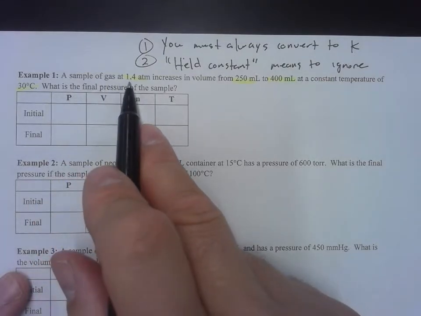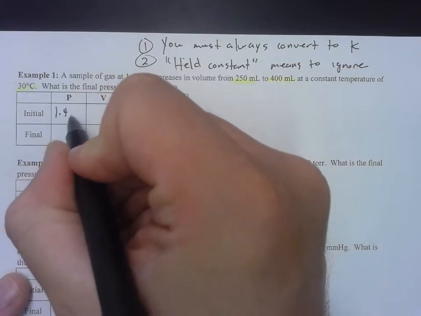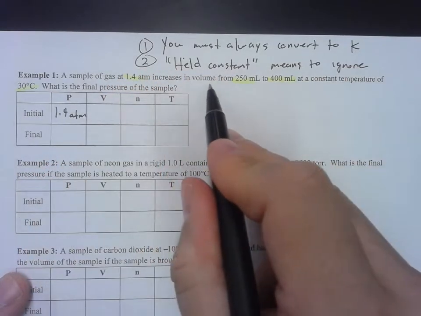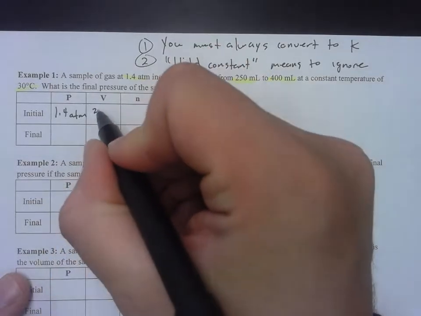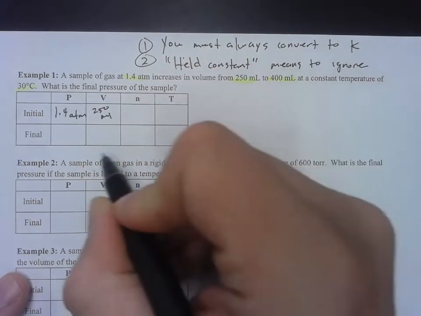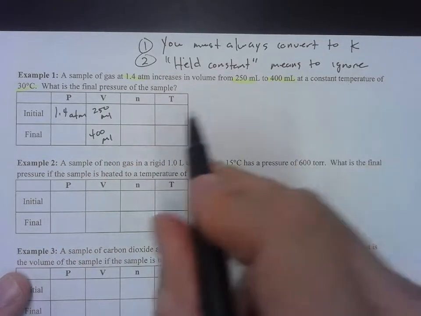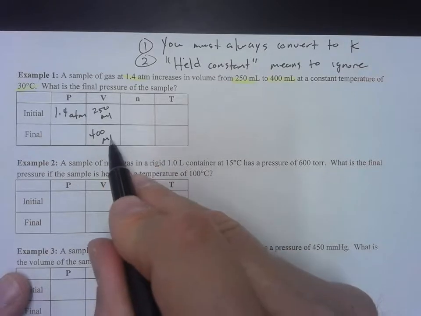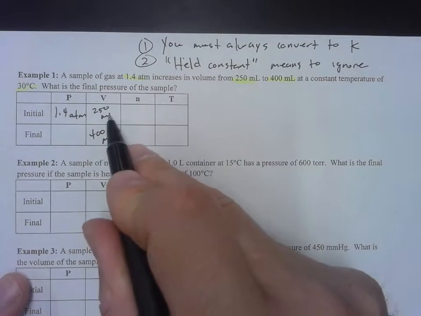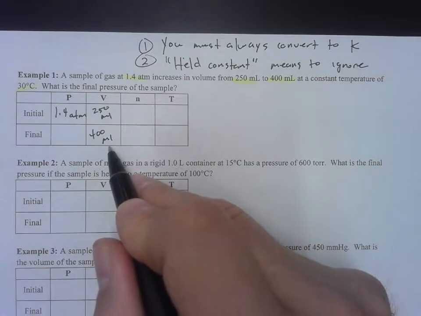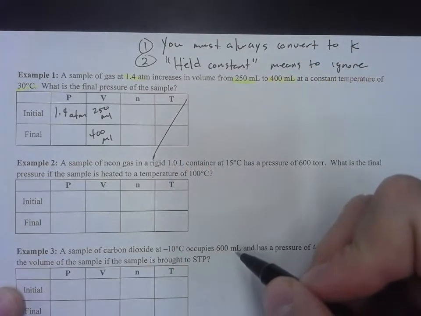A sample at 1.4 atm pressure increases in volume from 250 mils to 400 mils. So initial is 250, final is 400 at a constant temperature of 30 degrees Celsius.